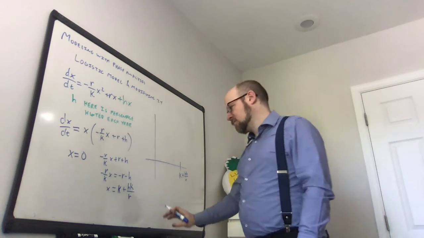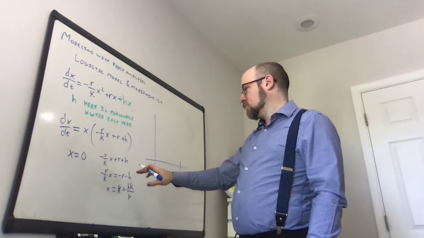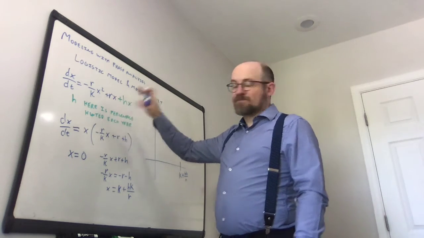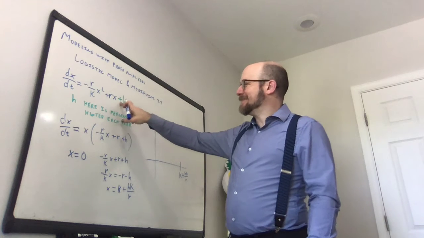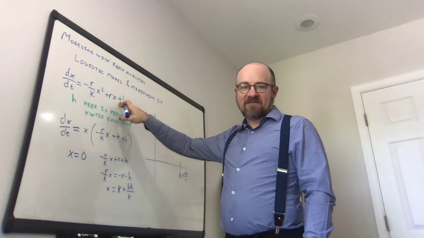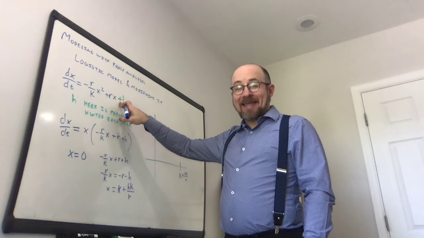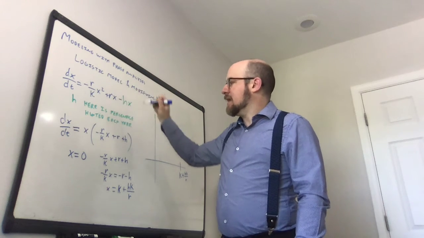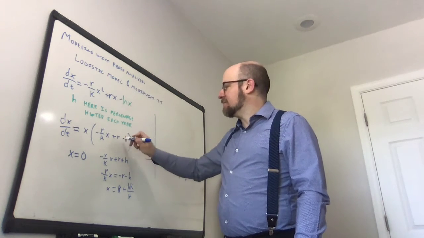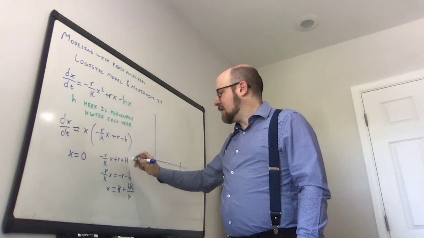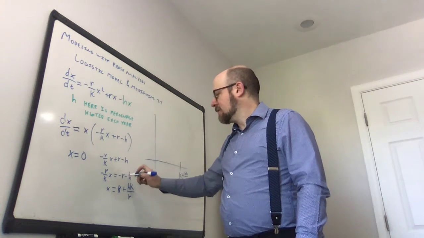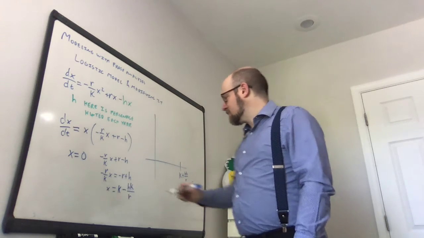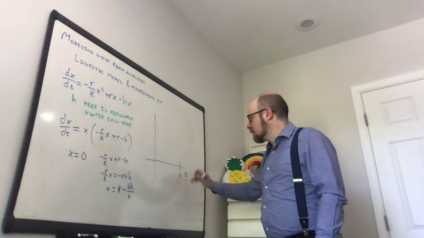Or I'm sorry, I'm going back to my model. I wrote a plus sign up here, but we're hunting a fixed percentage, so we're not adding h times x. We're subtracting h times x. So this is a minus sign here, and that makes more sense now.